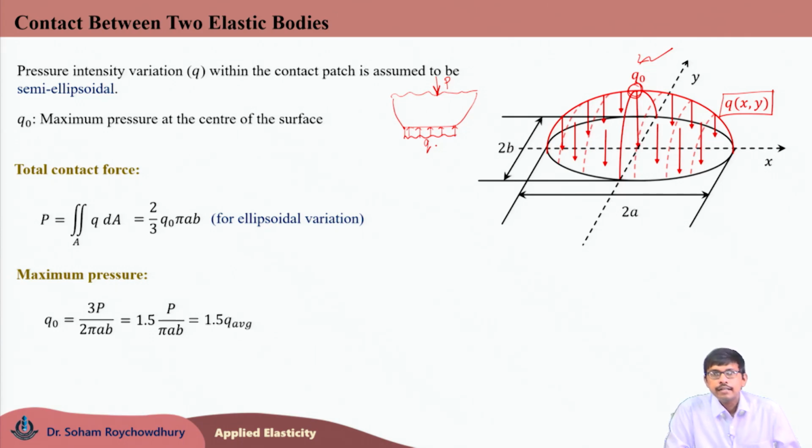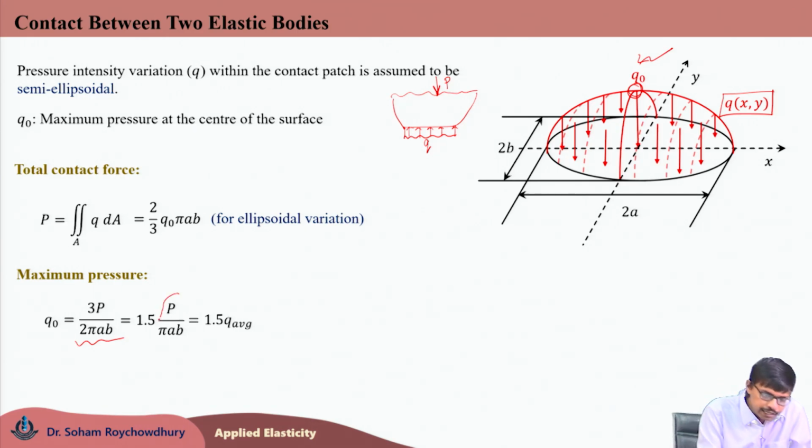Now, we know that the area of the ellipse is equal to pi a b. So, this 3/2 times P by pi a b can be written as 1.5 times P by the area of the ellipse. So, this P by area of the ellipse we can write as the average contact pressure.